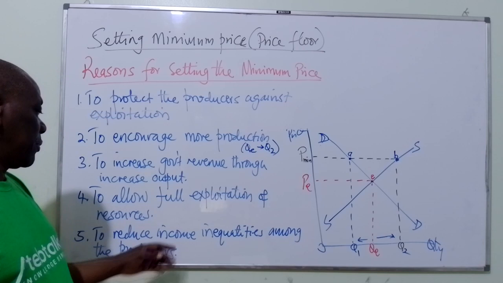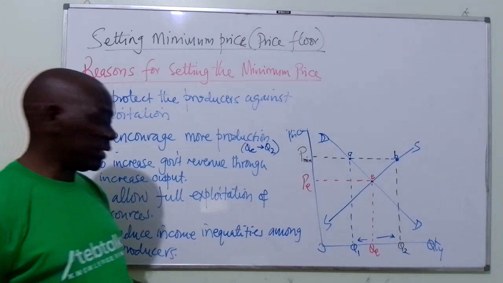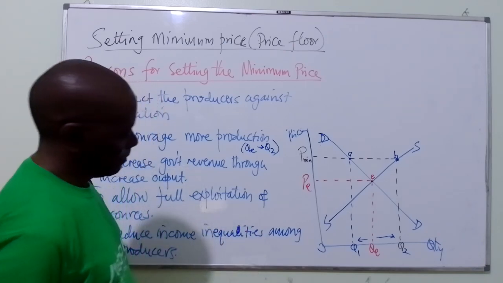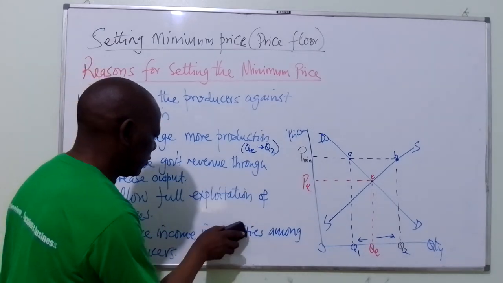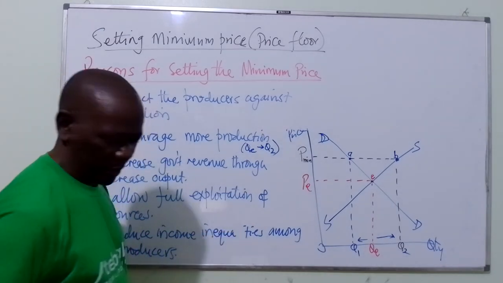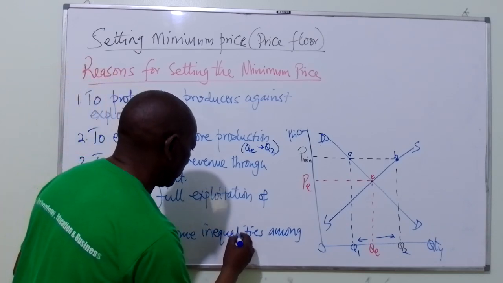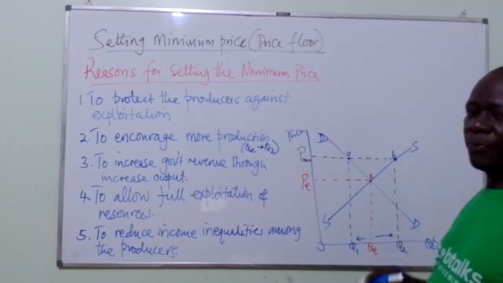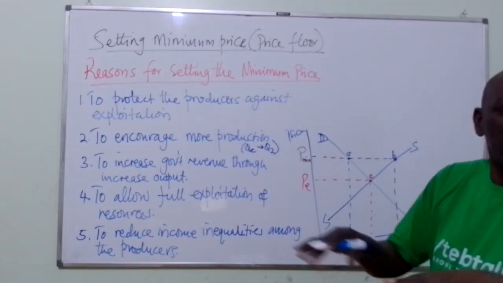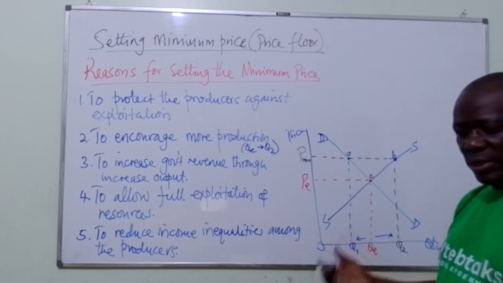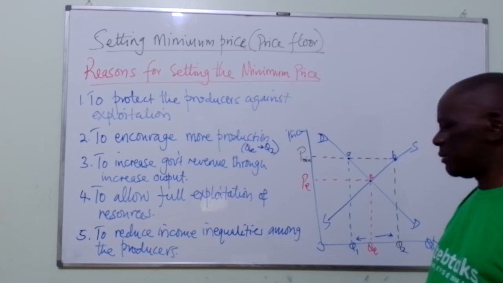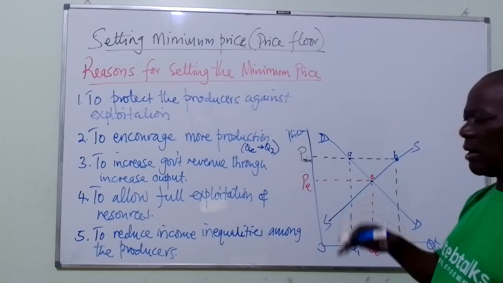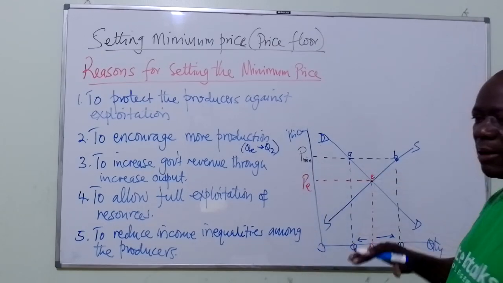Among the producers, they have income inequalities depending on what the producer is producing. So, those who have poor commodity prices will have lower incomes. Now, when you put it at this level, that means all of them are going to sell at the same price. So, this business of saying they cheated me, they bought from me at a lower price, or you are lucky, the income will be different. Now, it is equal income.